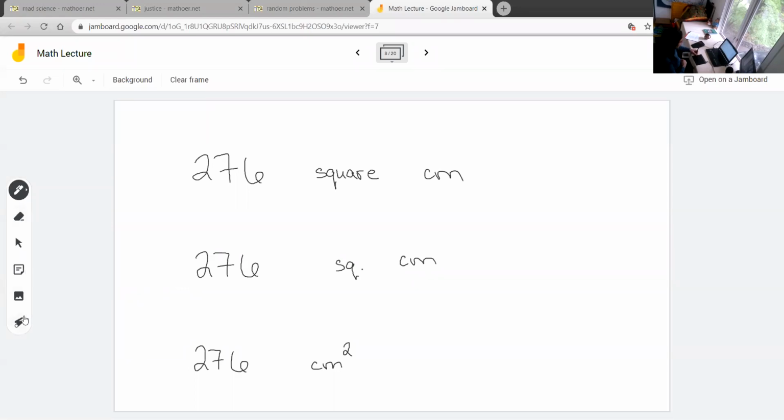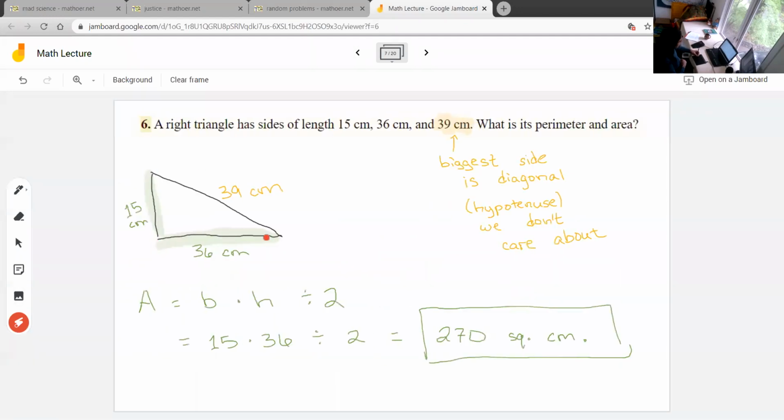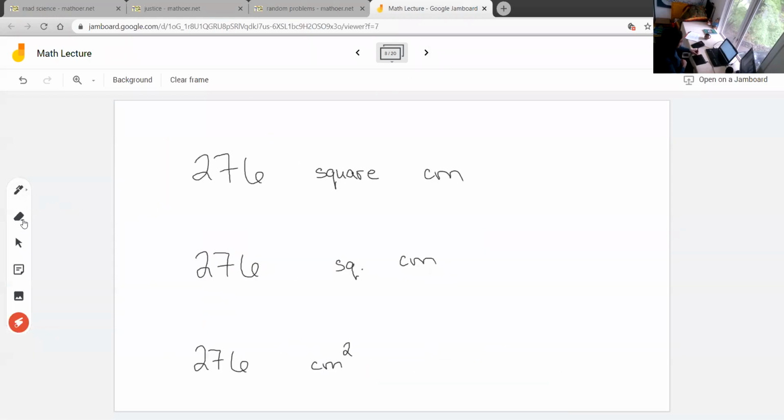Some people don't like the extra exponents. It tempts them to multiply this number by itself, which is not what's happening. Nothing in this picture is a square, and nothing has a side of, whoops, I put 76, but anyway, you know what I meant.